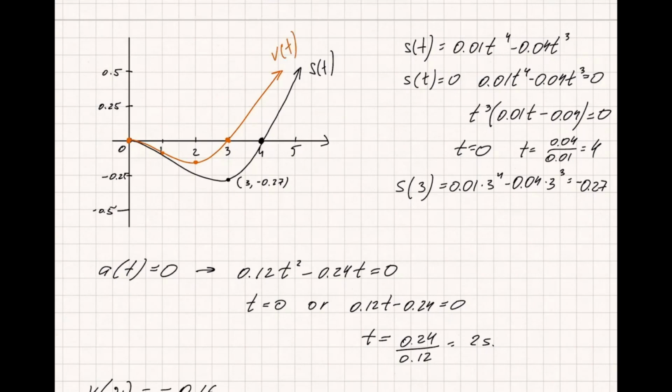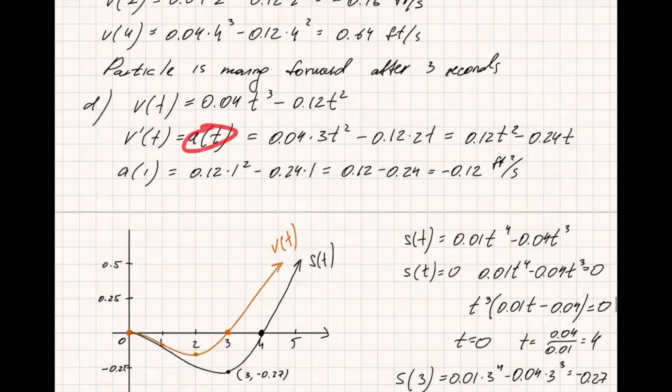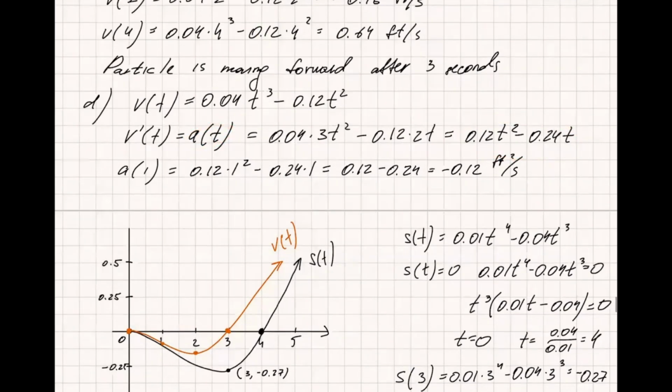The next function would be the acceleration function. And as you can see, the acceleration function is a parabola. We know the acceleration at 1 second is negative 0.12. And acceleration at 0 should also be 0 because we have t in both terms. So I would have a point here, (0, 0).